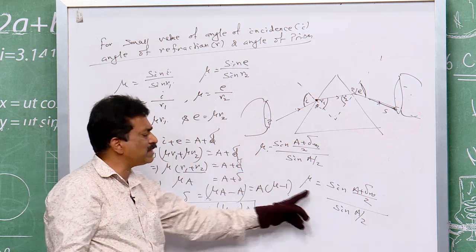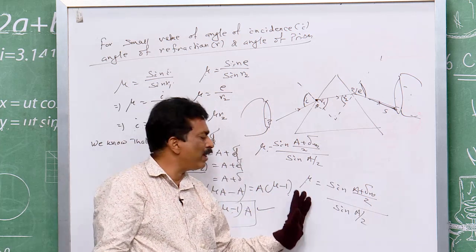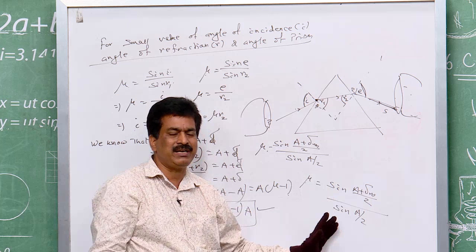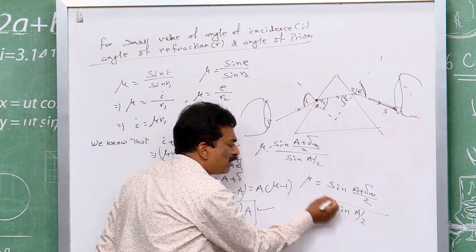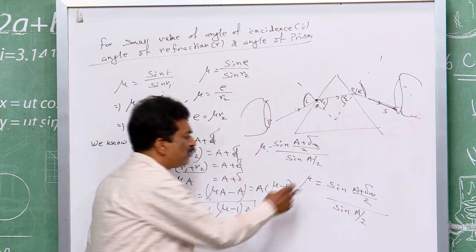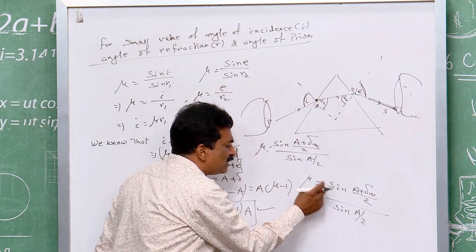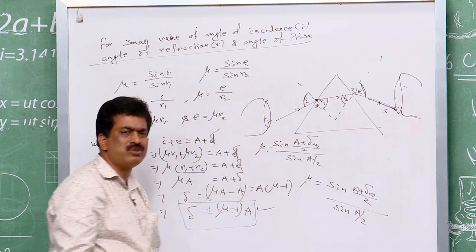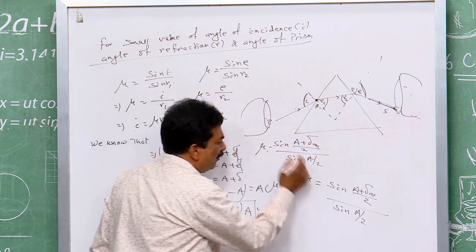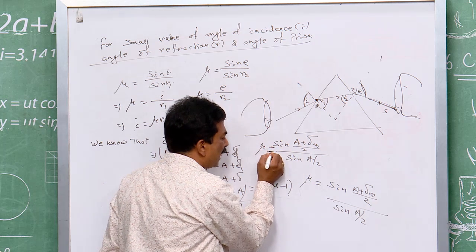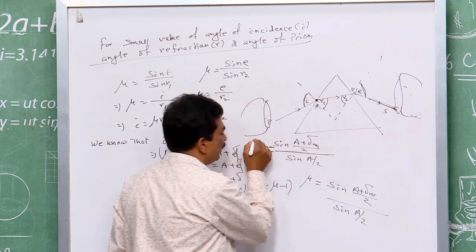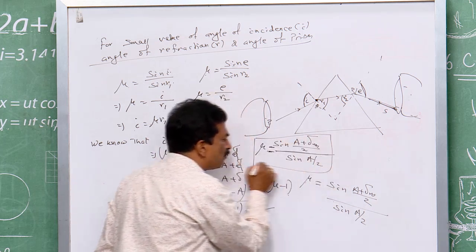I am not saying the formula is wrong, but the way it has been written is wrong. If they are between the two lines of the equals sign, the division sign must remain. Therefore, when mu is equal to this, between the two lines the division sign should remain, then it looks very good.